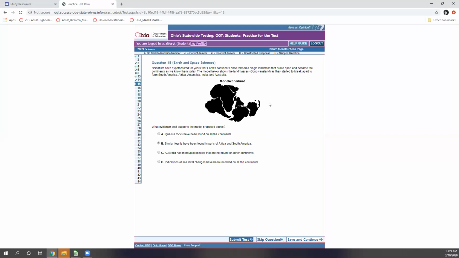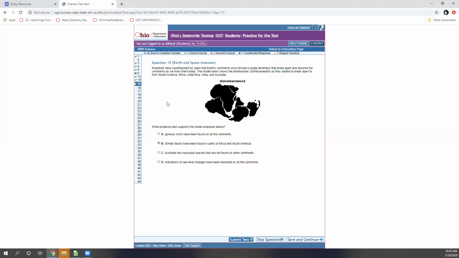A really good indication that you're being asked a single landmass question, which they ask on every single OGT test. They ask this question in one form or another. Are they listing off different continents that are separated now? Are they mentioning Gondwanaland or Pangaea or Alfred Wegener's name?